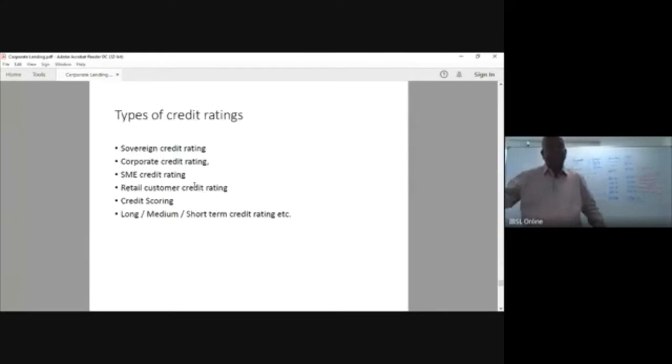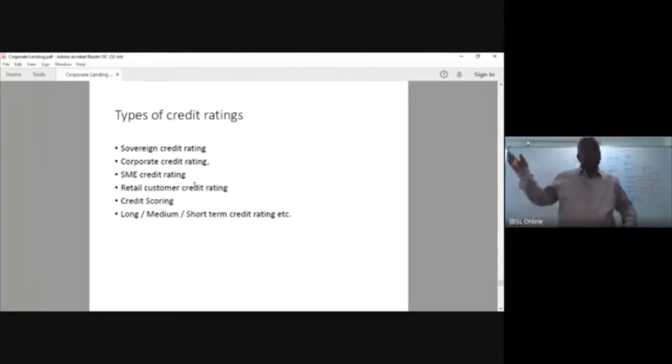Types of credit rating. There are various types of credit rating. One is sovereign credit rating, that is for the countries. Then corporate credit rating, for big corporates. Then SME credit rating. For retail customers also, there is credit rating. Then the credit scoring that we discussed earlier.